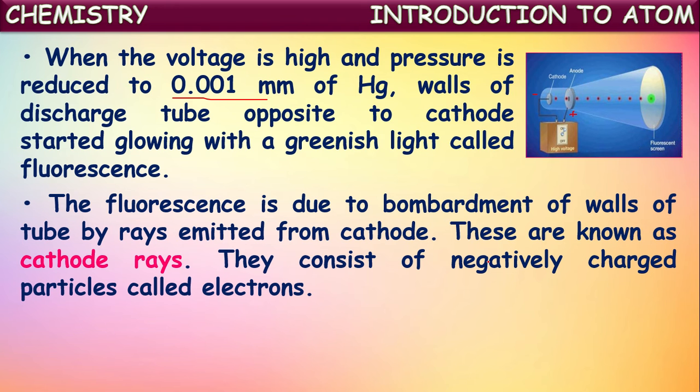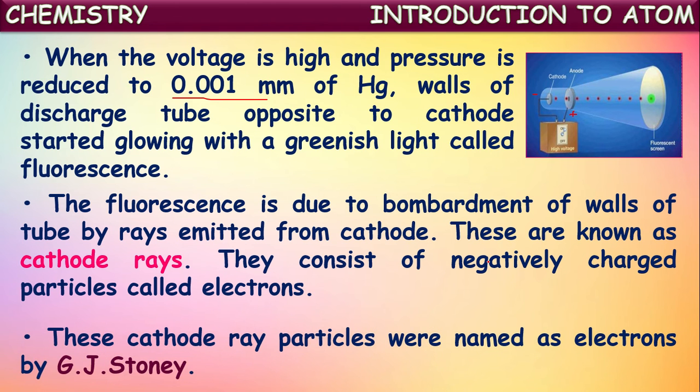They consist of negatively charged particles called electrons. Actually, these cathode ray particles were named electrons by J.J Stoney. At the earlier stage of the discovery, they were called cathode rays. They were not called electrons at the starting itself.